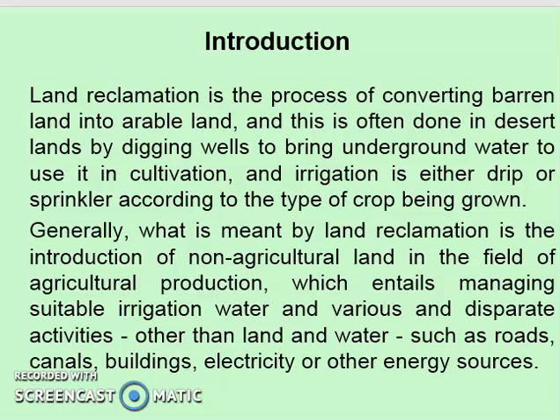I will start my lecture with a general introduction. A definition of land reclamation is a process of converting barren soil or barren land into arable land. In other words, it can be defined as introducing the soil into agricultural productivity.